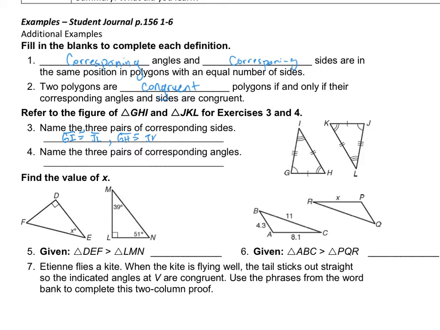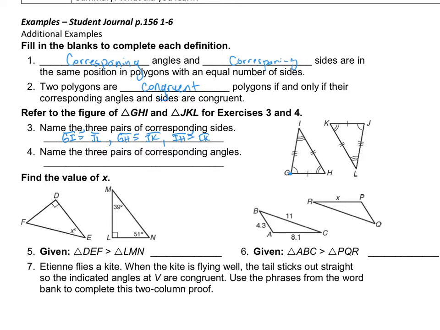Notice I have to name it JK because I went from 1 to 2 on the tick mark end. And then the next one over here, IH is the one that's left. IH would be congruent to LK.